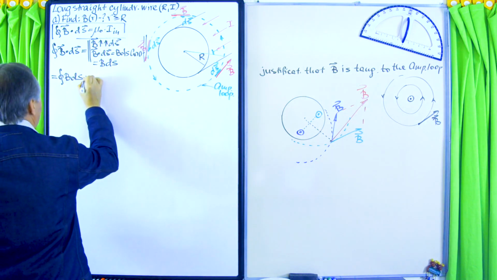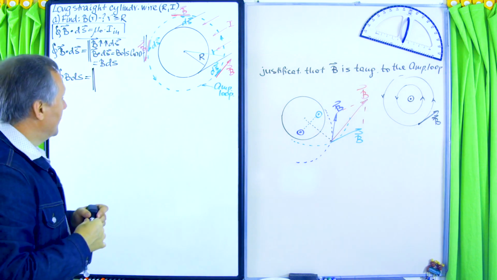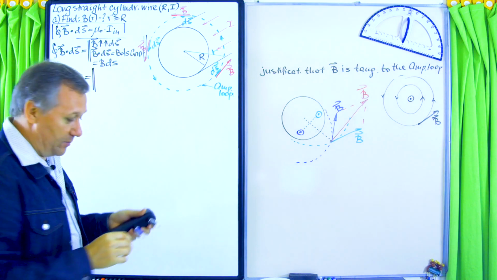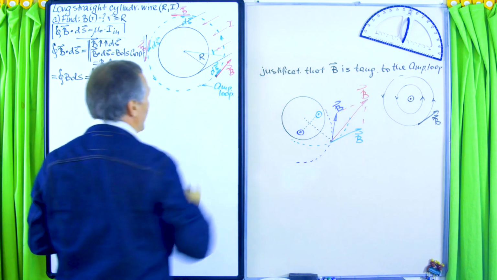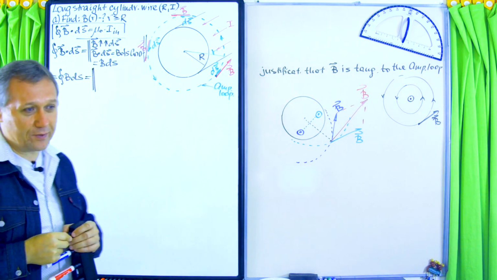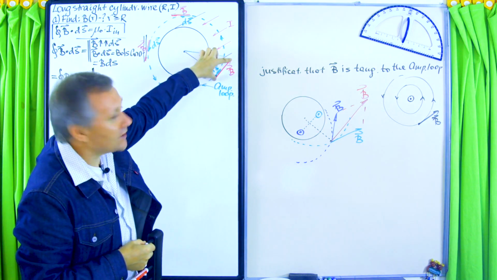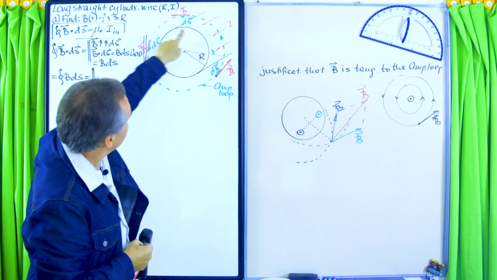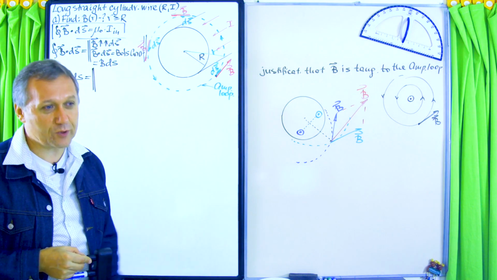Now let's use the symmetry one more time. Imagine yourself sitting over here at this point on the Amperian loop. This magnetic field is created by this uniform distribution of current.